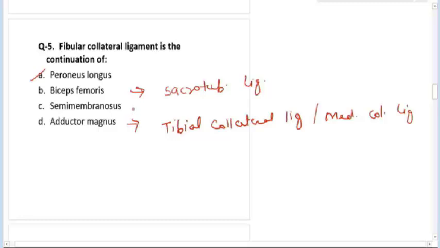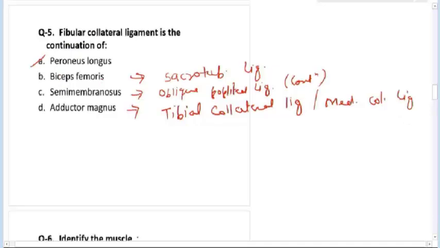For semimembranosus, the degenerated part, the oblique popliteal ligament, is the continuation of the semimembranosus muscle. So these are different ligaments which are associated with these muscles. So the correct answer to the question is peroneus longus.